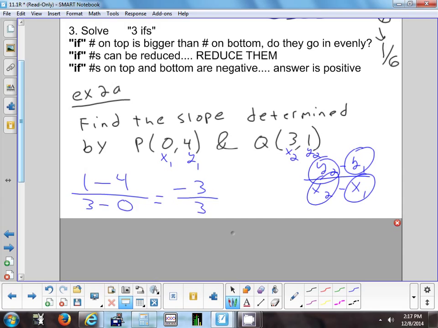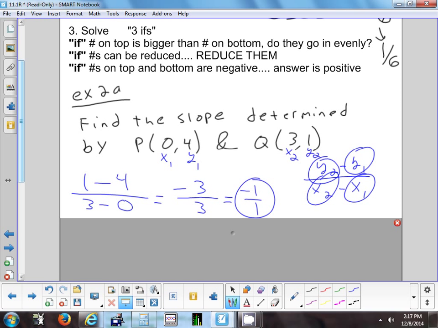Okay, now go through those ifs. Is the number on top bigger? No. Okay. Can that be reduced? Negative 3 divided by 3? Yeah. What does that reduce to? Negative, sure, you can write it as negative 1 over 1. If you want to leave it as a fraction, you could.